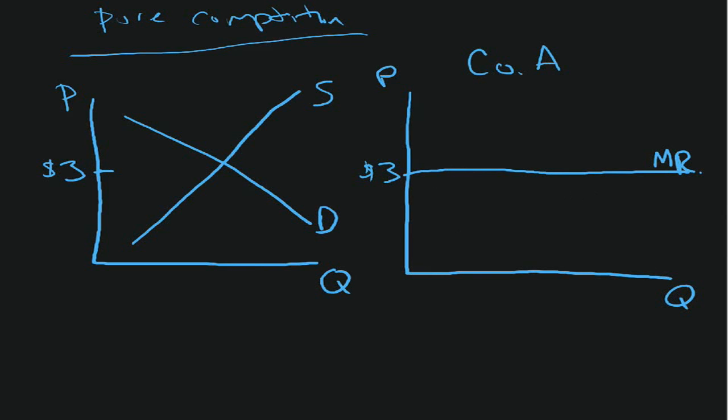What we're going to now try to consider is how we might think about this company deciding what quantity they should produce, how much stuff they should produce.